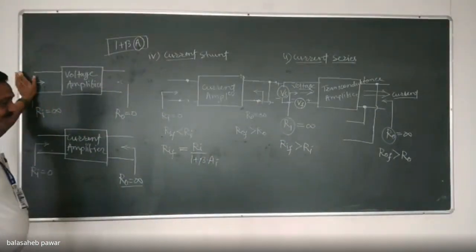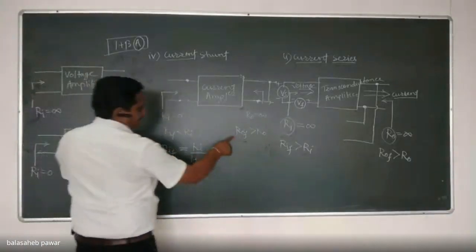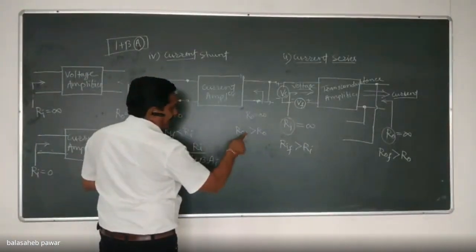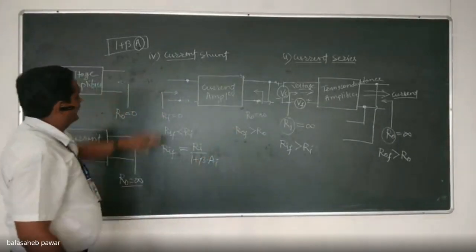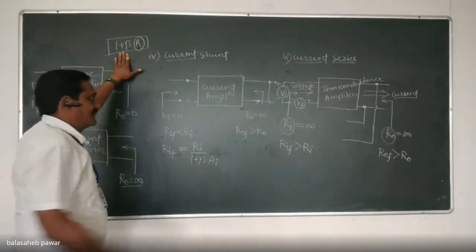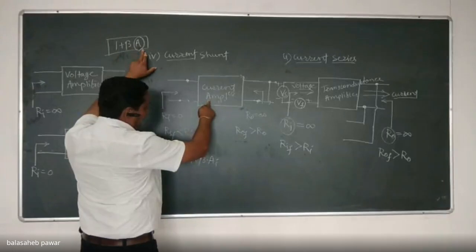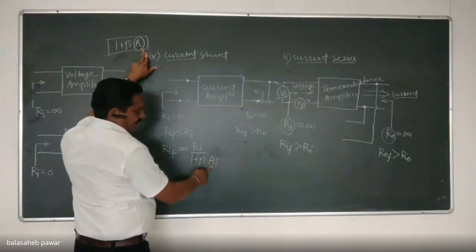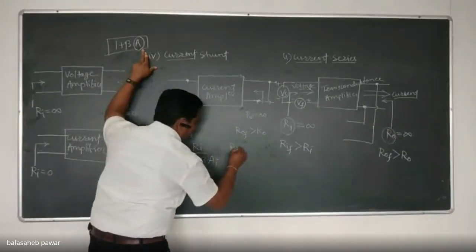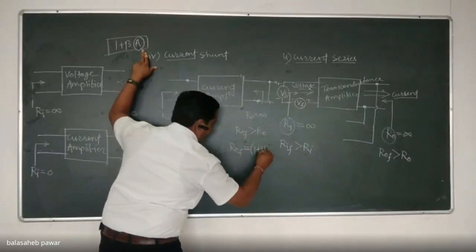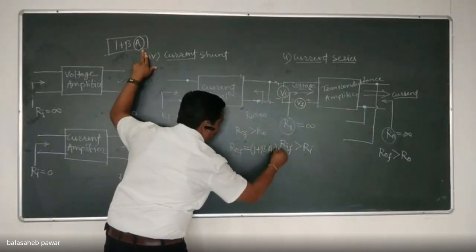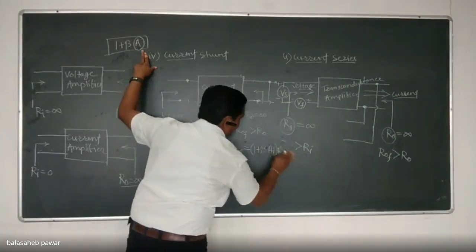Similarly, ROF, as it increases, again we know it will increase by a factor of 1 plus beta A. As it is a current amplifier, this A will be AI, that's why I have written AI over here. That means ROF will be equal to 1 plus beta AI times RO, that is, without feedback.